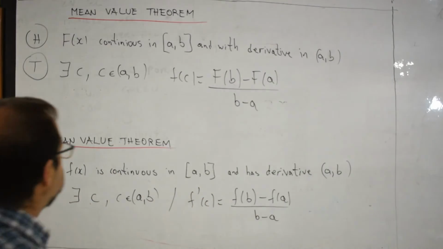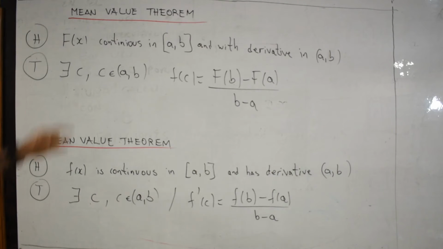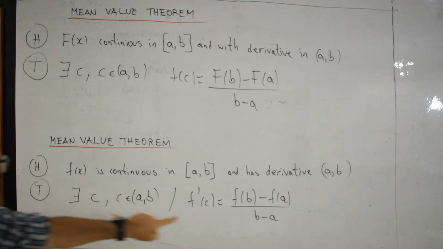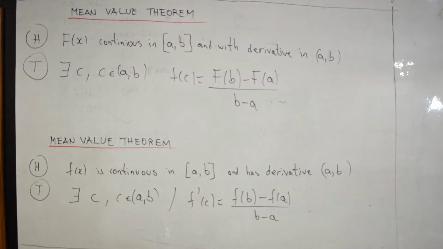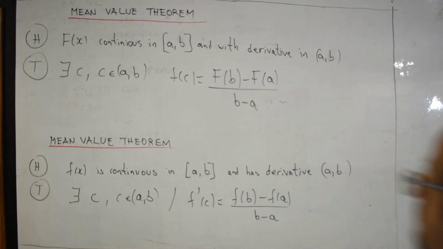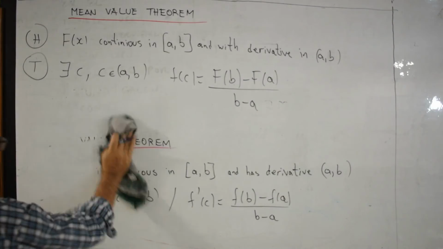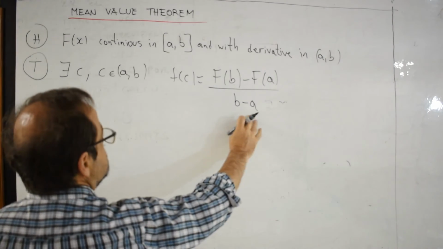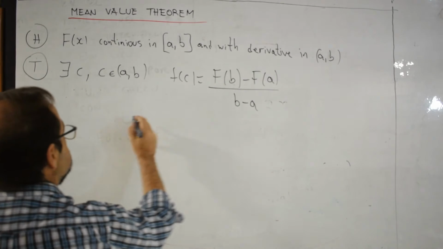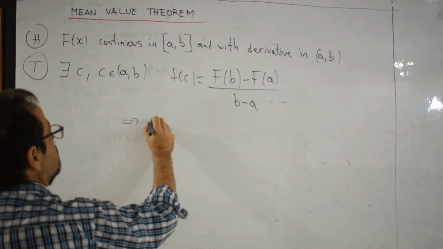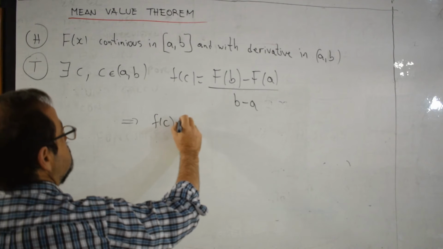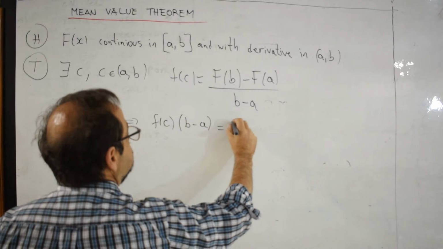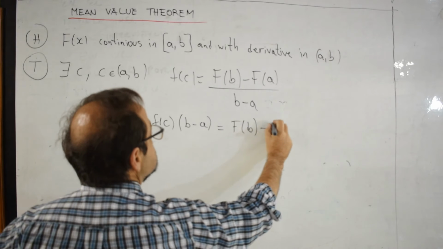You remember that we said that the derivative of this function was f of x and the derivative of this function was f prime. And so that thesis we can write otherwise. We can multiply this by b minus a, so we could write f of c times b minus a equals F of b minus F of a.